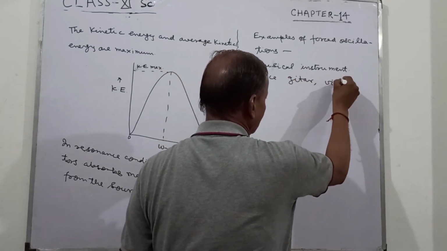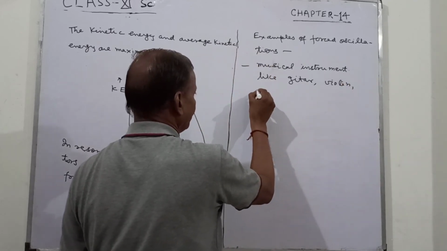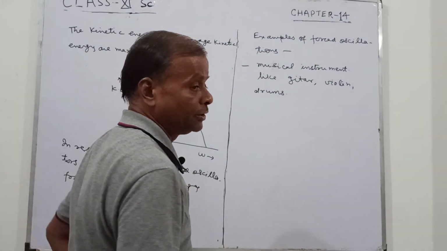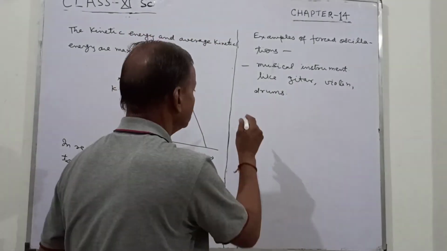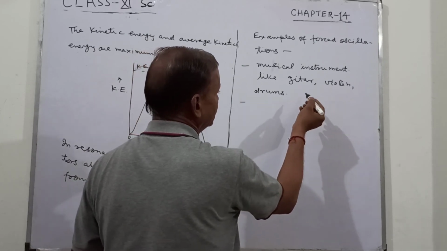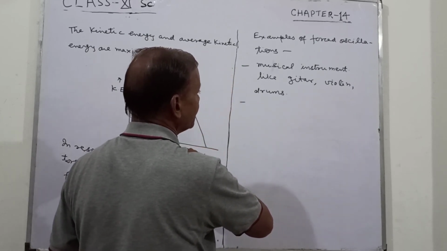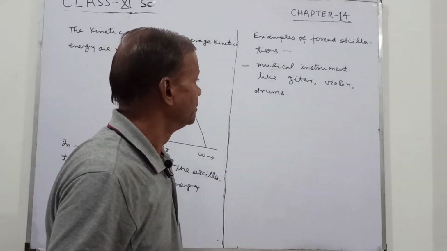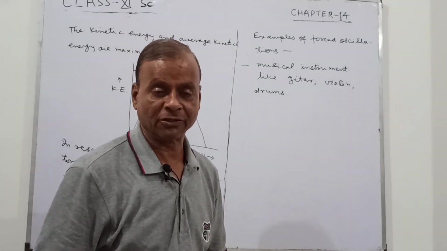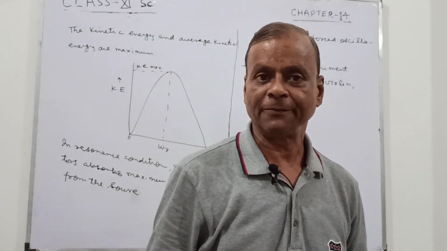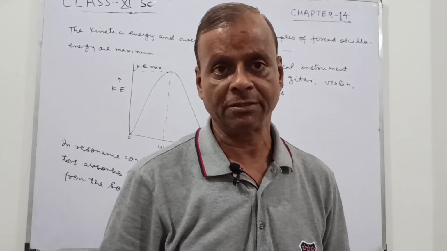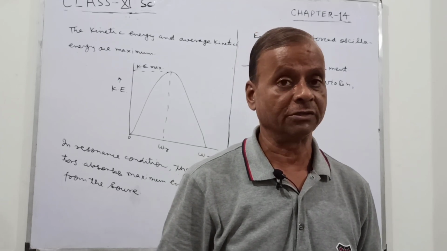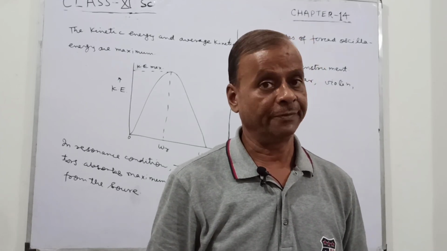So this is also an example of musical instruments like guitar, violin, drums, and also organ pipes. You can also have the bell of your school. Till the peon continues to strike the hammer on the bell, it will produce sound, and as soon as he stops, there will be no sound at all.